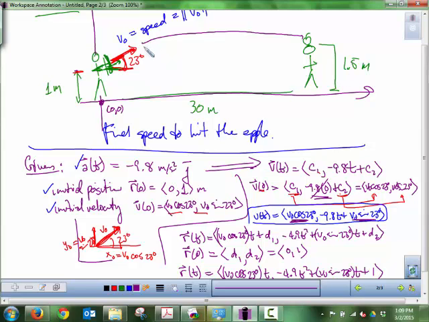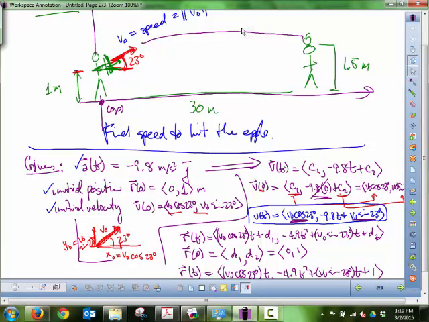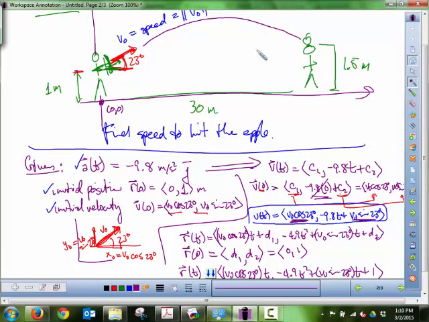Imagine how the projectile would look. Let me see if I can exaggerate this a little bit more. This thing is going to be probably 1.5 meters somewhere else early on, and then it's going to be 1.5 meters at the time that you hit the apple.